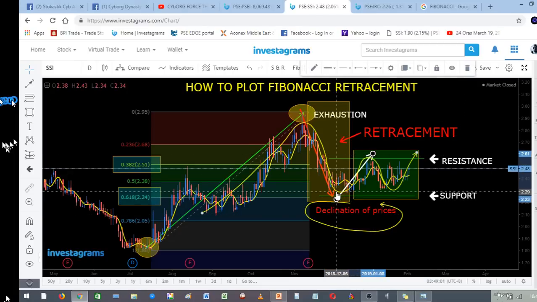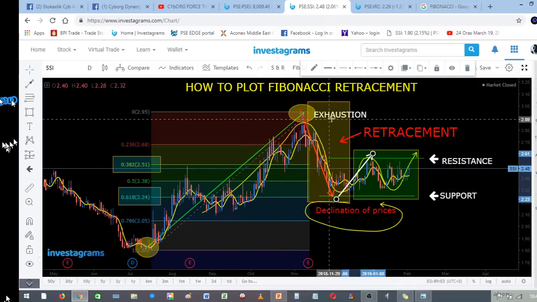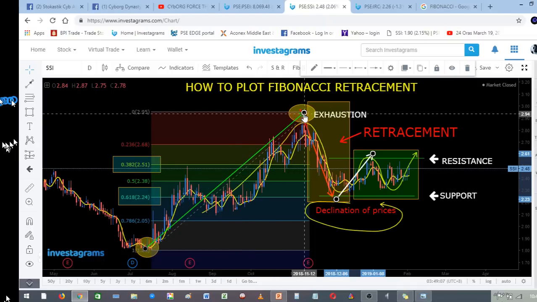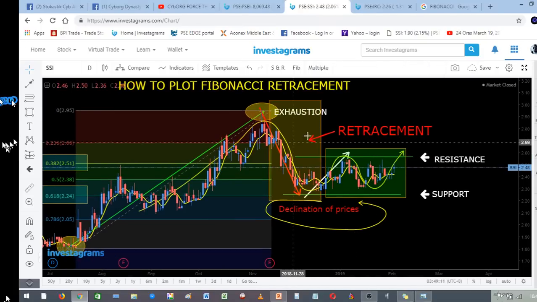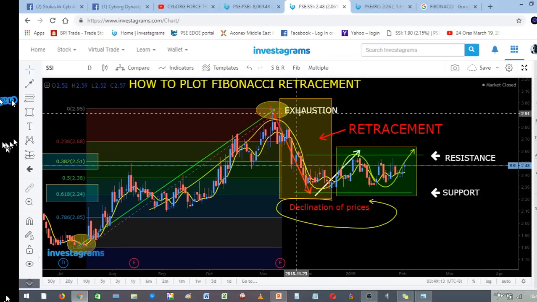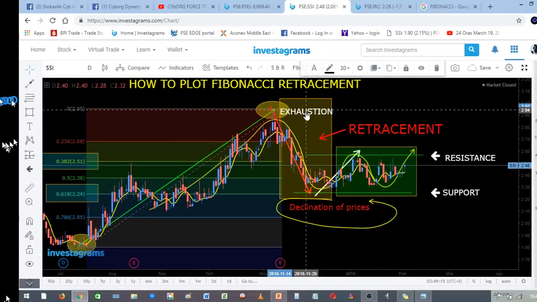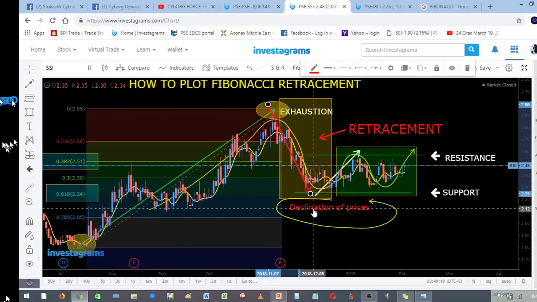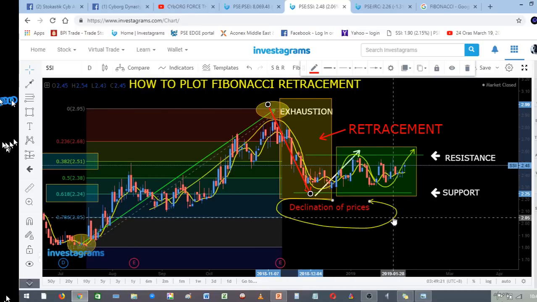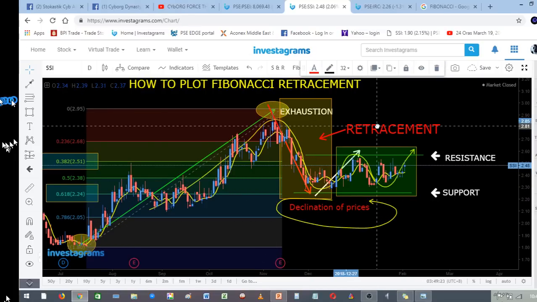So from the prevailing trend, there is a prevailing of prices in an uptrend position. There is an exhaustion, and it is marked on this level. The downturn or the downtrend, what we call declination of prices, is also what we call the retracement.